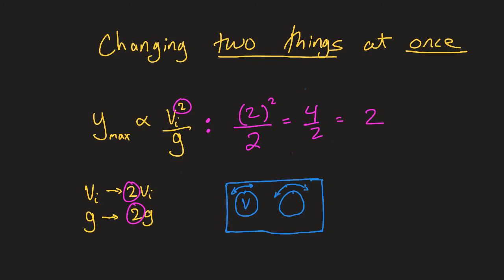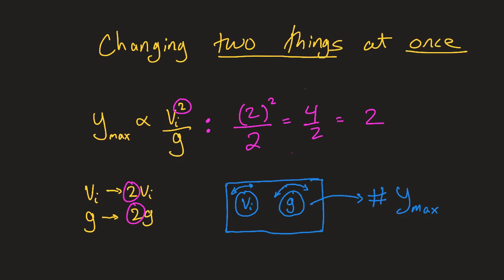And this was a dial for initial velocity, and this was a dial for gravitational field strength. So you turn those things, and that's going to cause this number out in front of maximum height to change by some factor relative to some initial base case when the knobs are, I don't know, all the way to the left or something.